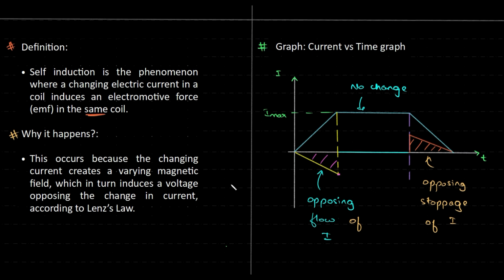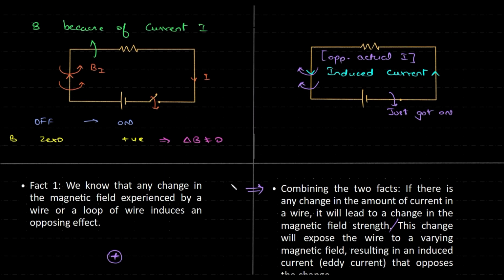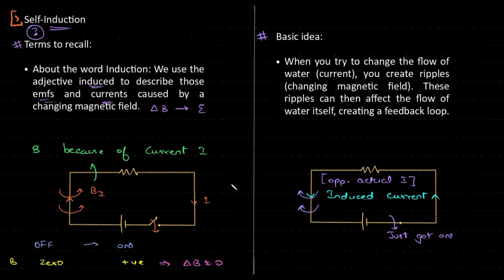Again, this is just a rough view, with a lot of details that we are not talking about. So we know that induction is a phenomenon when we have a conductor exposed to a changing magnetic field. We are inducing EMF or current across it, right? And the current will flow through the entire circuit. Now, when we have a circuit and there is a change in current through it, there will be a change in magnetic field because the flow of current produces a magnetic field around it.